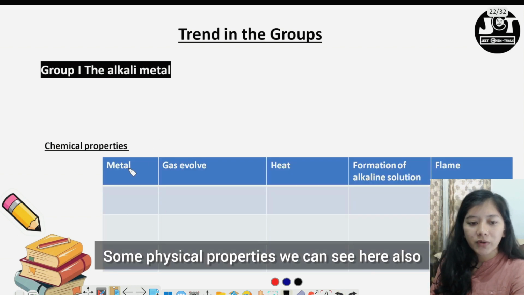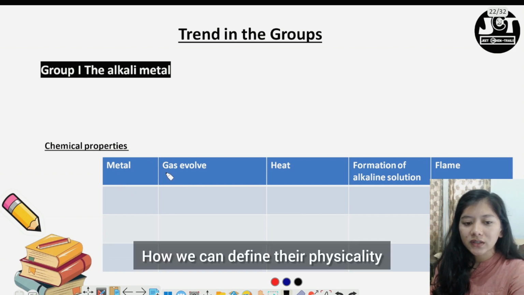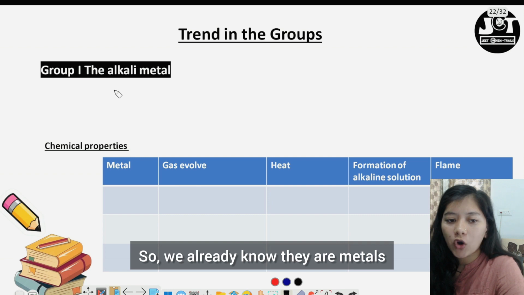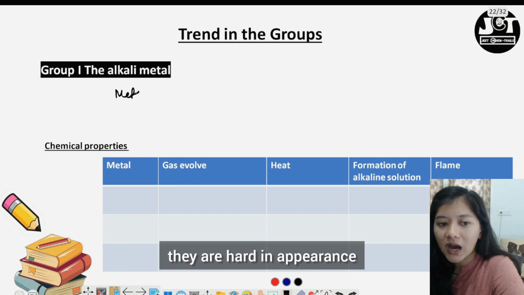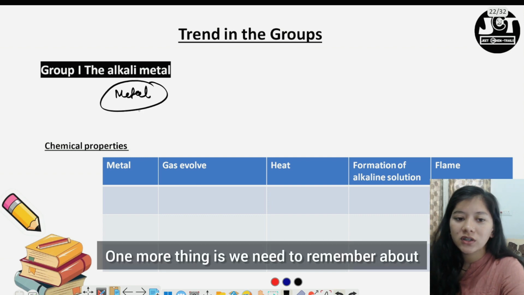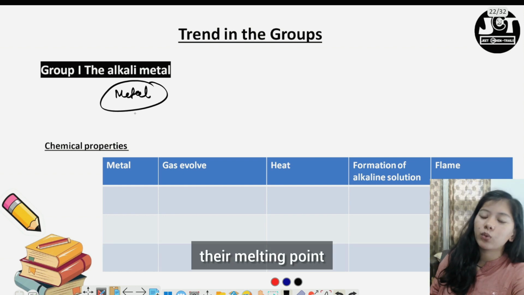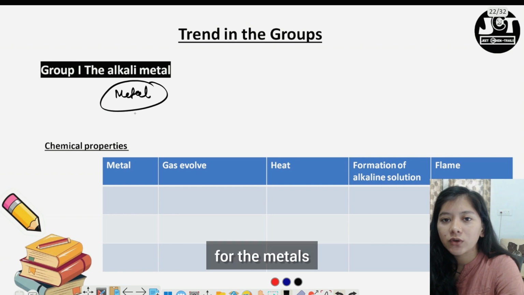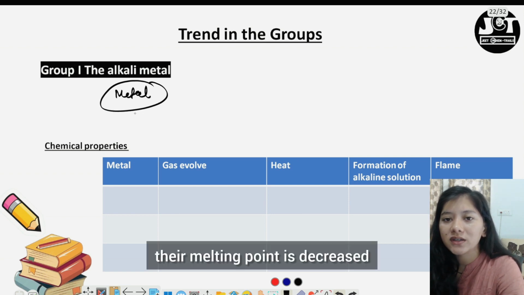Some physical properties we can see here also, like how we can define their physicality. We already know they are metals. One more thing we need to remember is their melting point and boiling point. So we already know that when we go from up to down, for the metals, for the cations, their melting point decreases.